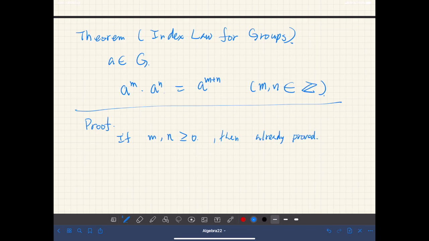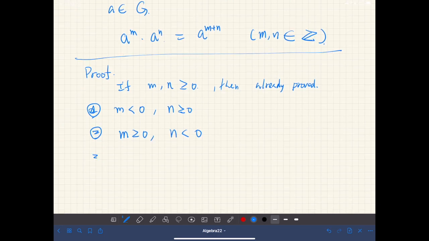So we have to consider 3 cases. First, m is negative and n is non-negative. Second, m is non-negative and n is negative. And third, when both are negative.